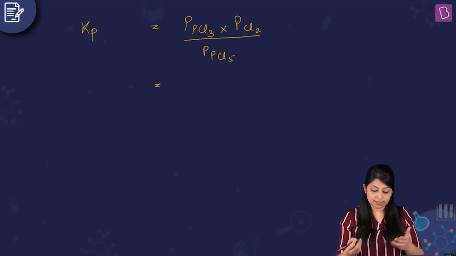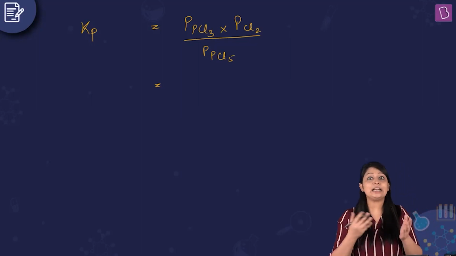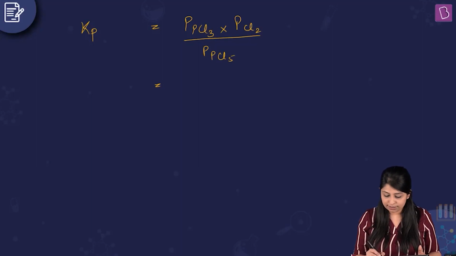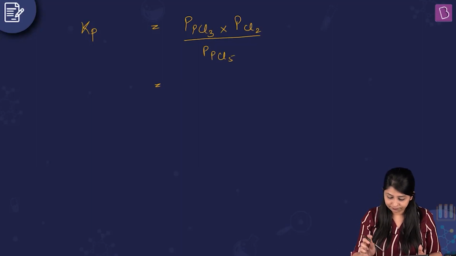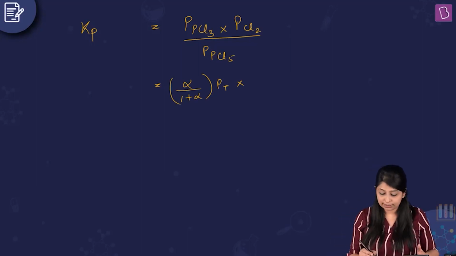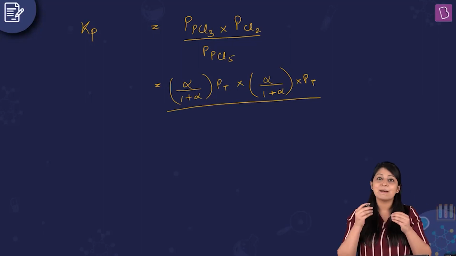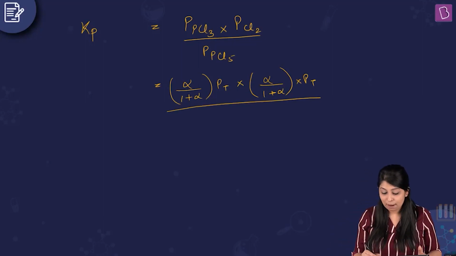The partial pressure of PCl3 is the mole fraction of PCl3 into total pressure, that is alpha upon 1 plus alpha into total pressure. For Cl2 it is alpha upon 1 plus alpha into total pressure. And for PCl5 it is 1 minus alpha upon 1 plus alpha into total pressure.